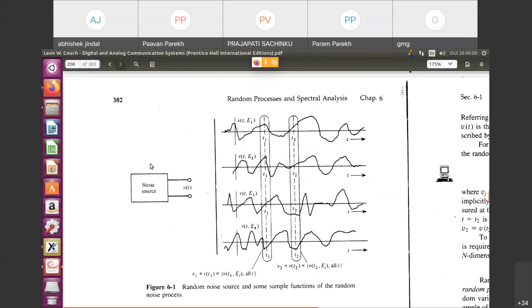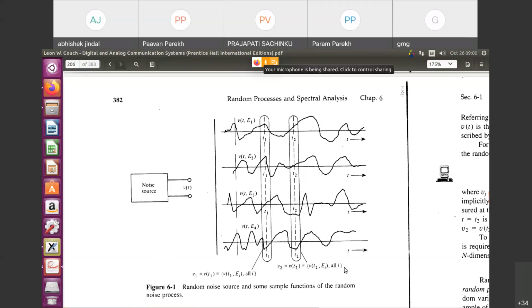If I am running this noise source daily, suppose from 9 to 9:15 a.m., then at 9 a.m. daily I can observe different values. Suppose today I observed this, next day this, next day this. So over multiple days, you have several different possible values at a particular time, and this happens for all time.